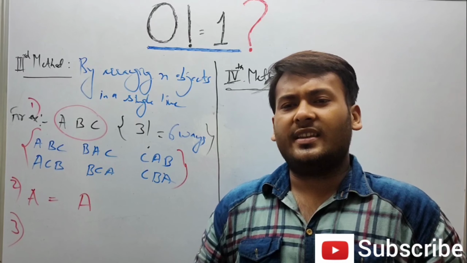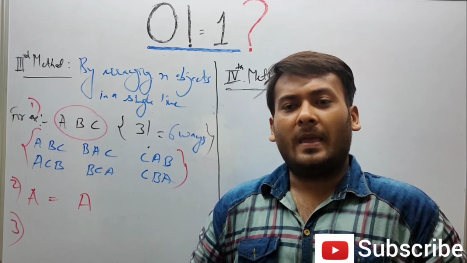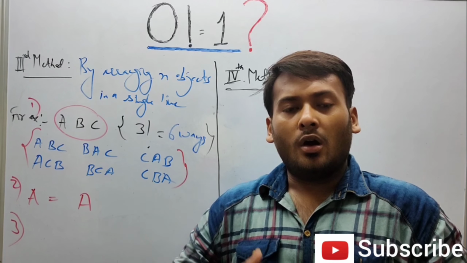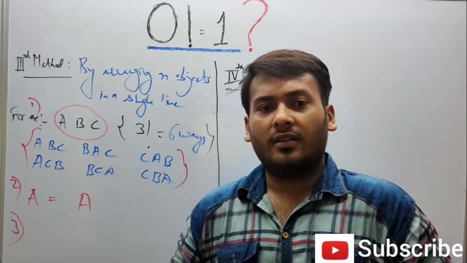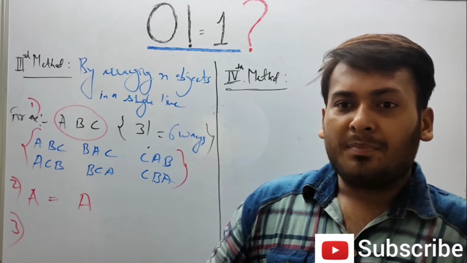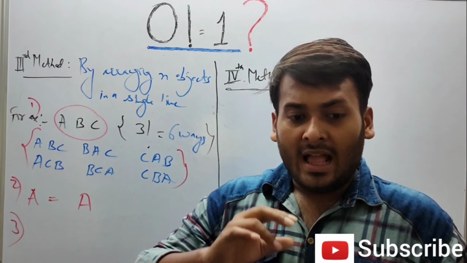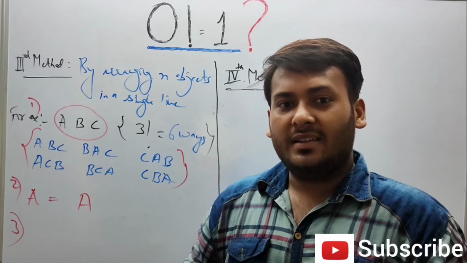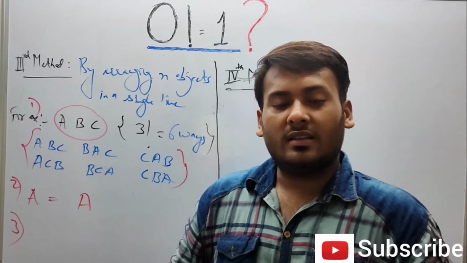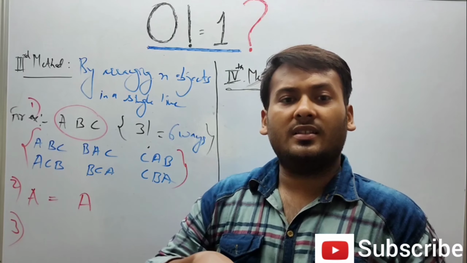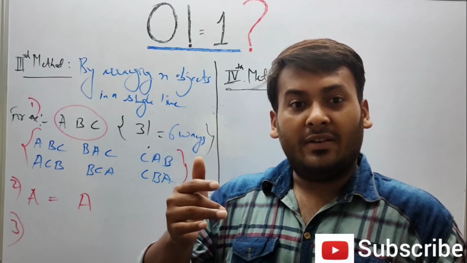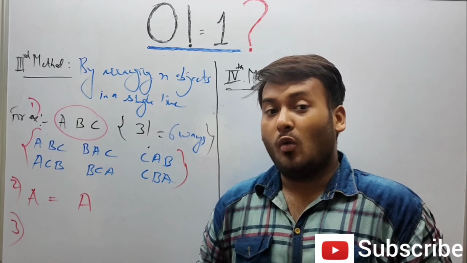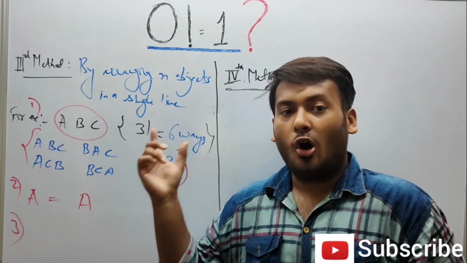If I don't arrange anything, or say if I have to arrange 0 objects, what is the method of arranging? You get my point? You have to understand that arranging nothing is itself an arrangement. That means 0 factorial is equal to 1. If you don't have to arrange anything, even this has to count as an arrangement. That is why the value of 0 factorial is equal to 1 by the physical significance of n factorial.